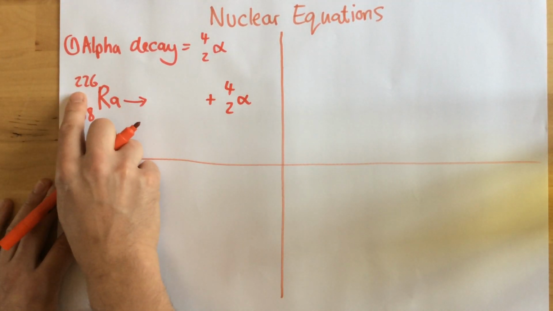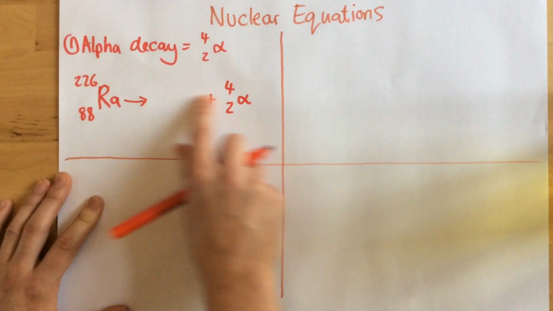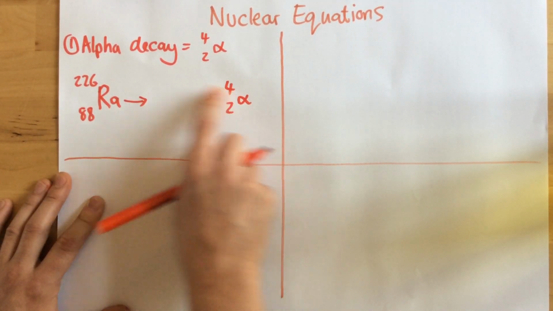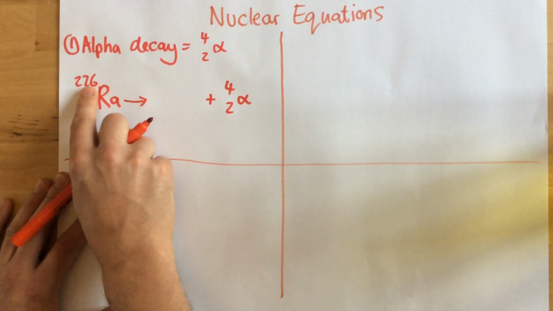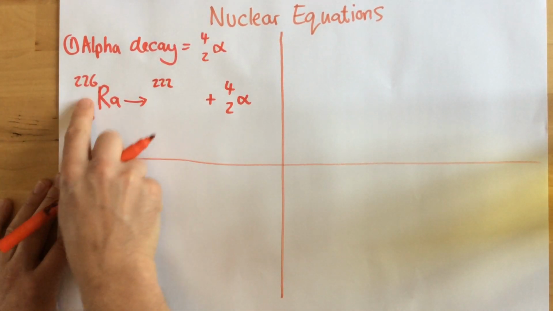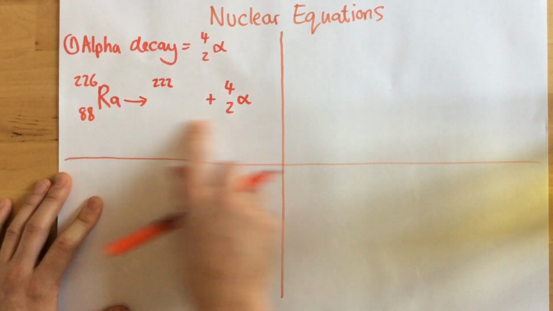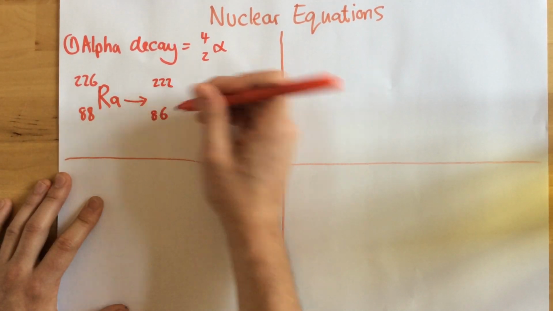Let's have a quick look at radon. Radon has an atomic mass of 226 and the alpha particle has 4, which means, because we've lost 4 protons and neutrons, it's now down to 222. The bottom one, we started off with 88, we've lost 2, so it must be 86.